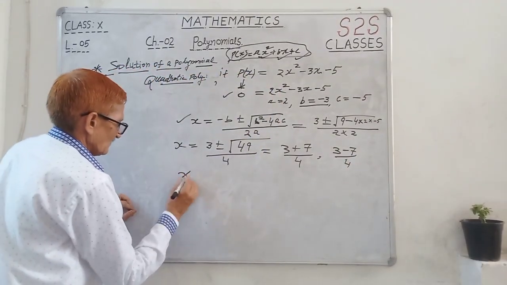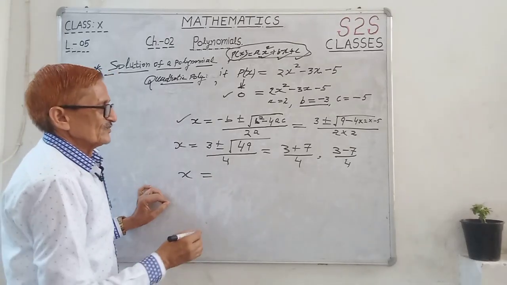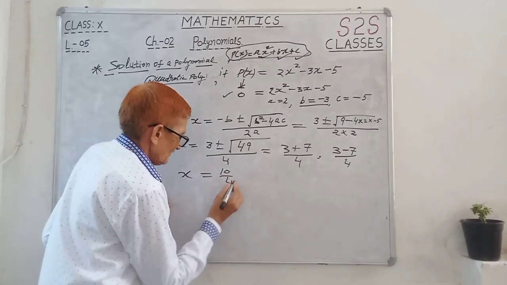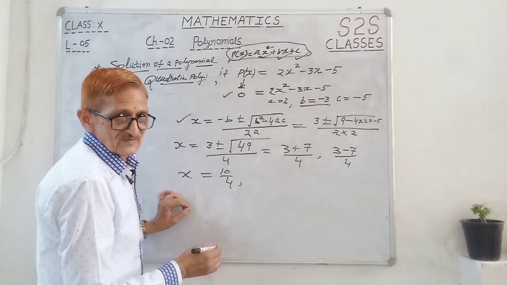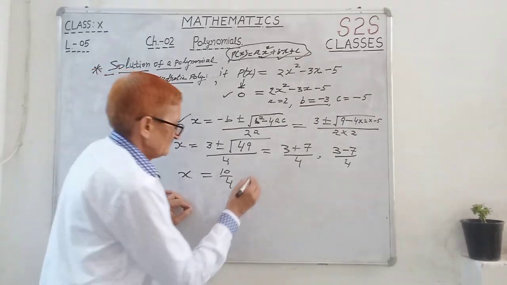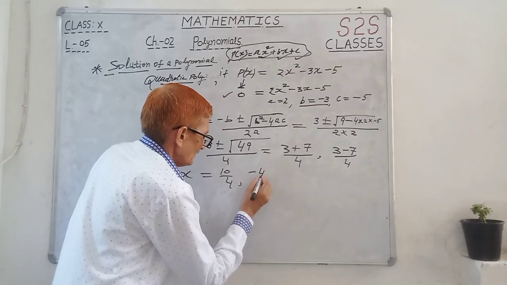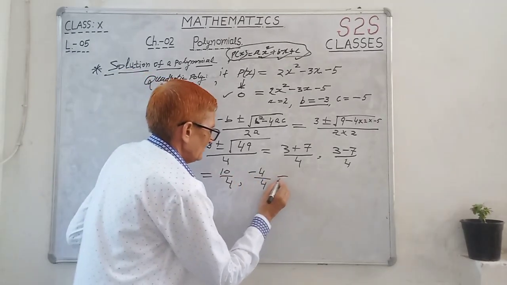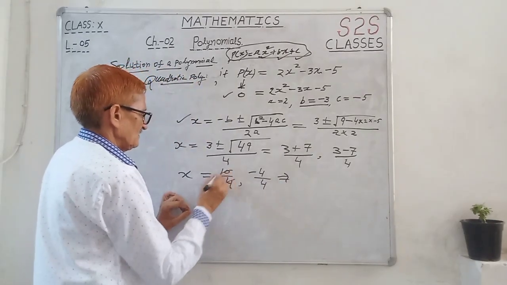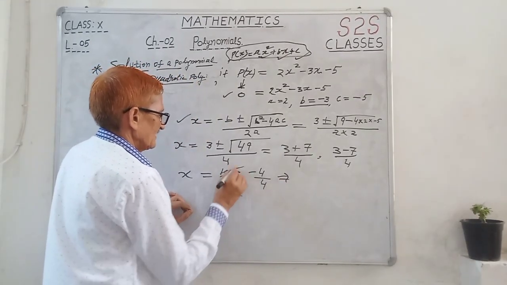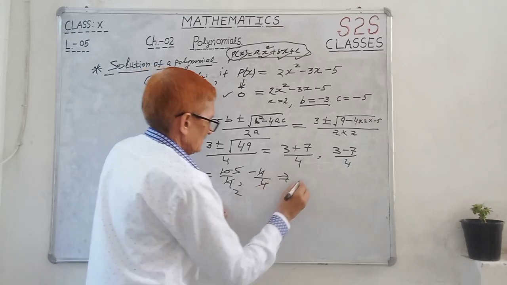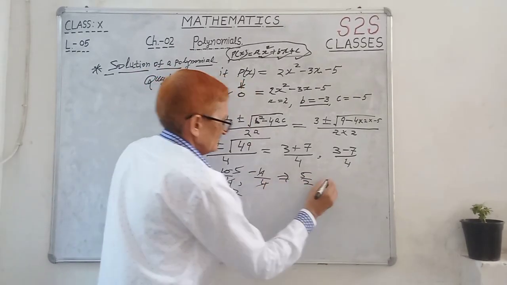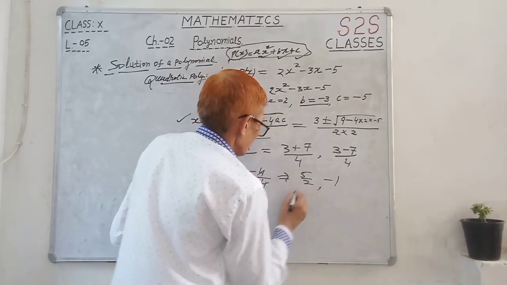Then x is equal to 3 plus 7, 10 upon 4, comma, 3 minus 7, minus 4 upon 4. Then simplify this: 2 twos are 4, 2 fives are 10, 4 and 4 cancel. Then this is 5 upon 2, comma, this is minus 1. So these are the zeros.